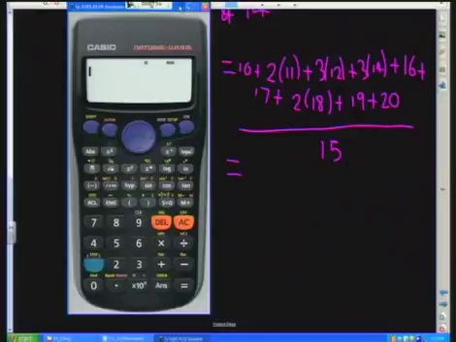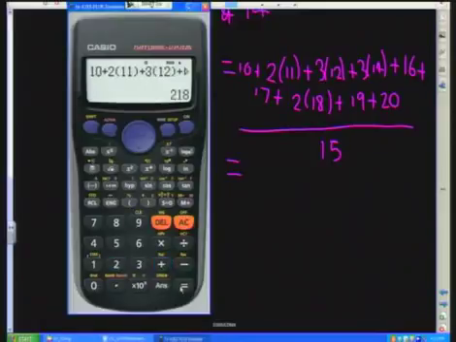Okay, so let's do that. We've got 10 plus 2 times 11 plus 3 times 12 plus 3 times 14 plus 16 plus 17 plus 2 lots of 18 plus 19, and then plus 20.